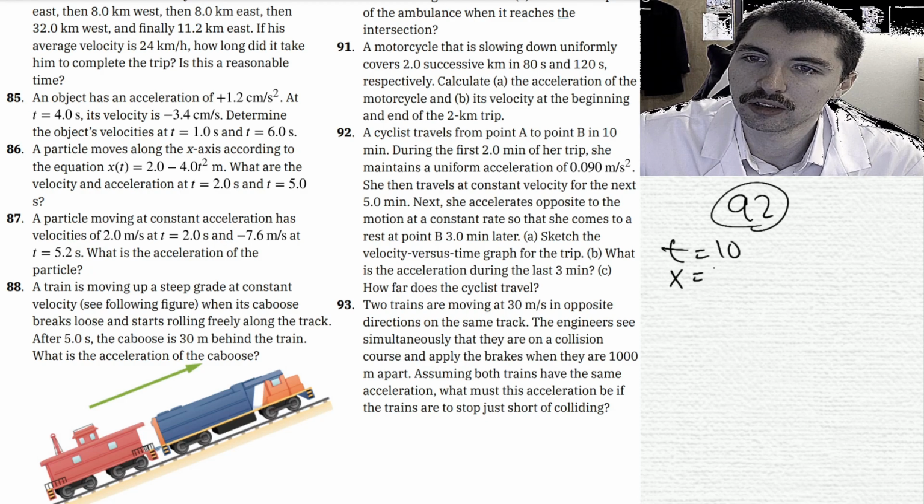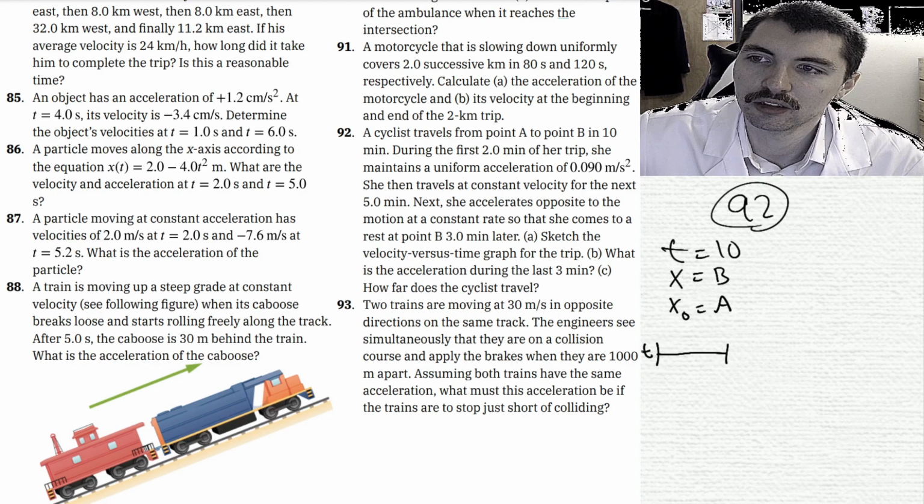X is B. X naught is A. First 2 minutes, so 0 to 2 minutes. A is 0.09. Okay.